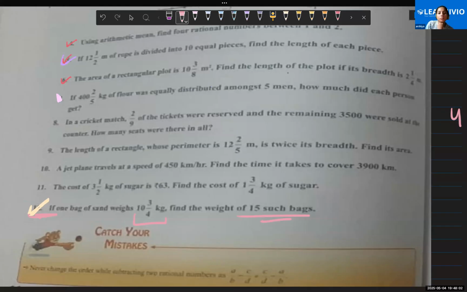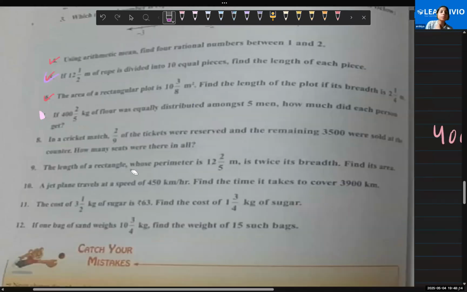Okay, question number 11. The cost of 3 1 by 2 kgs of sugar is rupees 63. Find the cost of 1 3 by 4. So the cost of 3 1 by 2 kgs is 63 rupees.